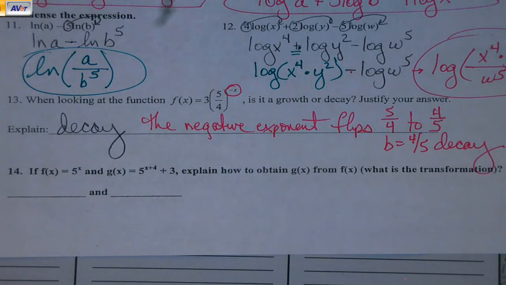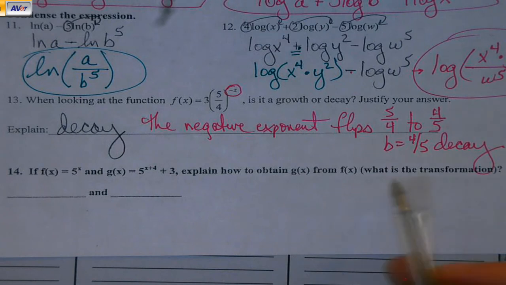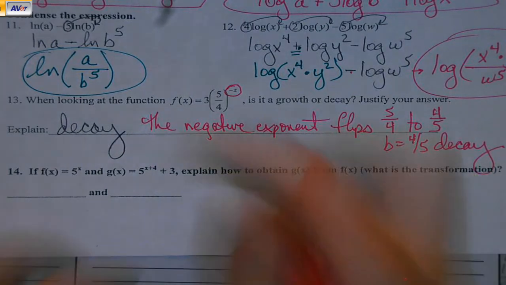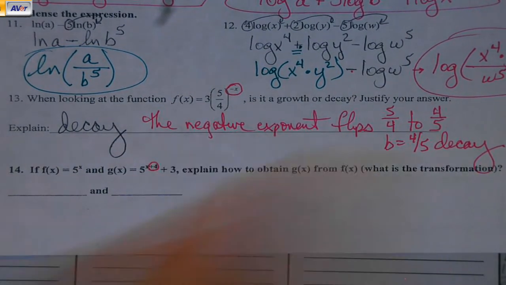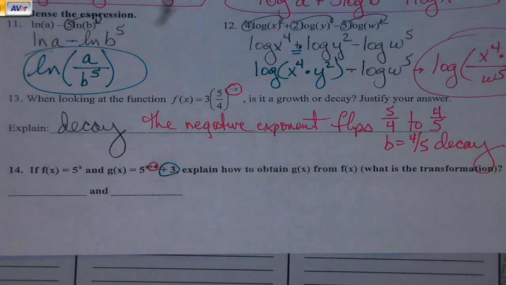And then finally on this side, 14, again, going back towards number 1. If f of x is 5 to the x and g of x is 5 to the x plus 4 plus 3, explain how to obtain g of x from f of x. Translation. What is the transformation? What are the shifts? Similar to our log up top, whatever's in the exponent is my left or right.